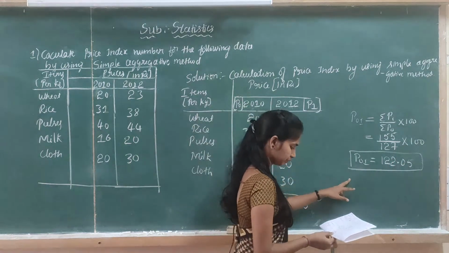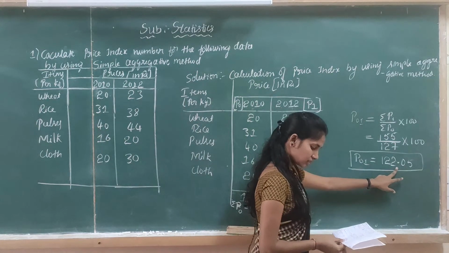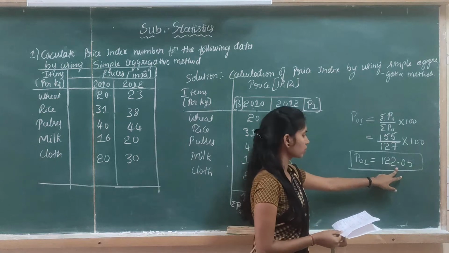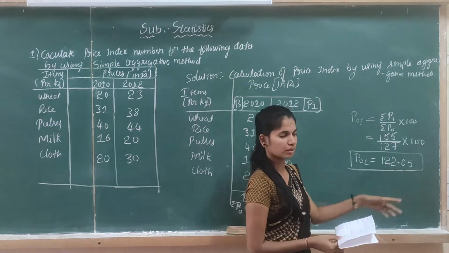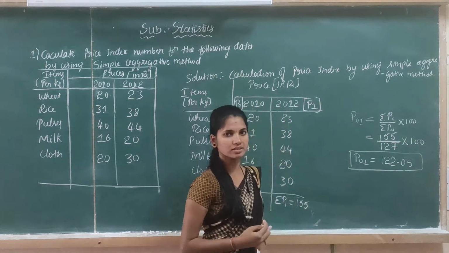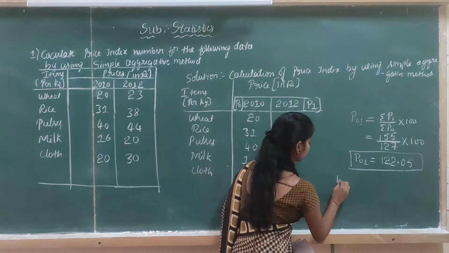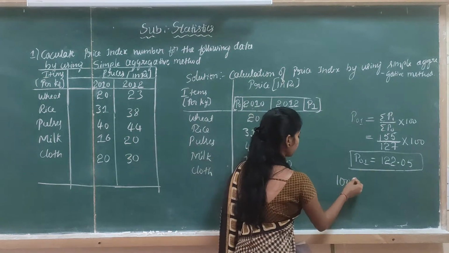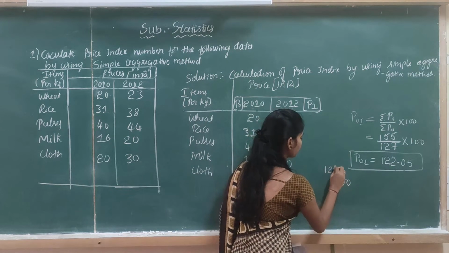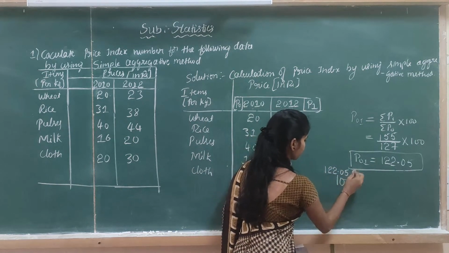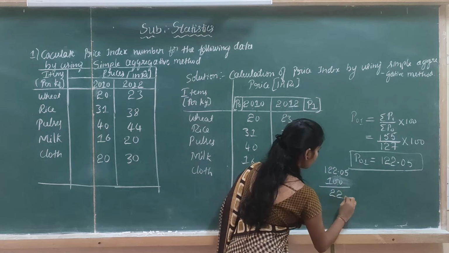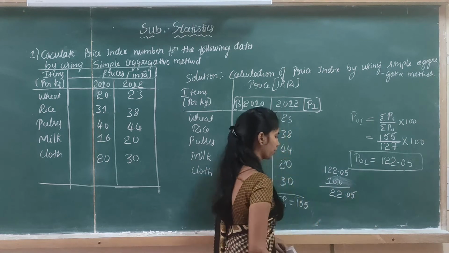It means that the prices in 2012 increased by 22.05%. We already considered the base year as 100. If you consider the common base year as 100, then 122.05 is the index and the remaining value is 22.05.